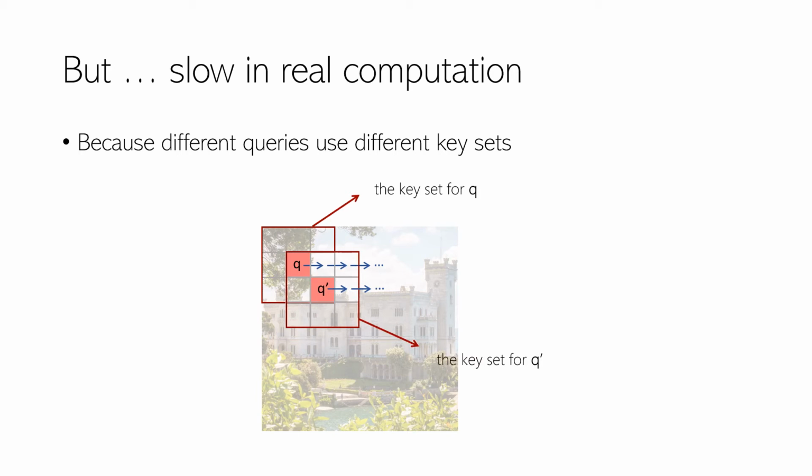For query at another location, for example Q prime, the window will be changed to centering on this new query. Because Q and Q prime use different key sets, the real speed of this approach is limited. Because of this, it's not practical to work as backbone.